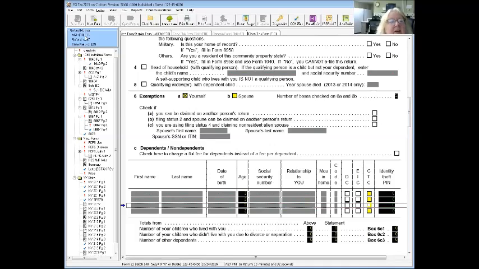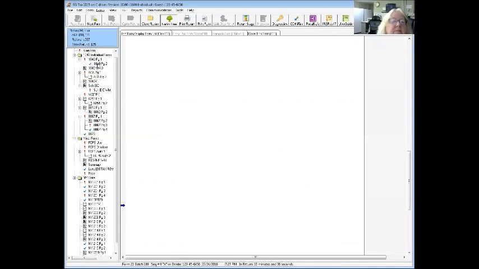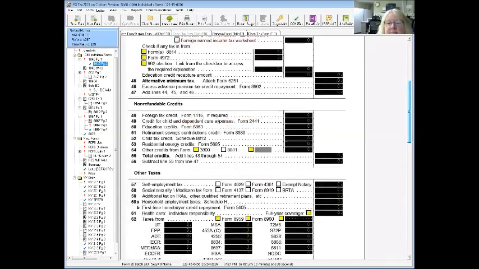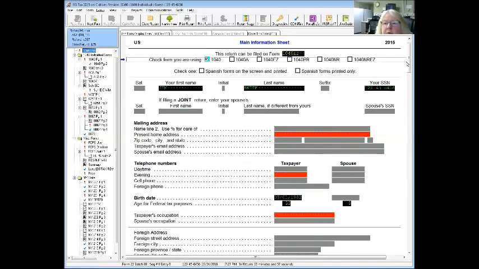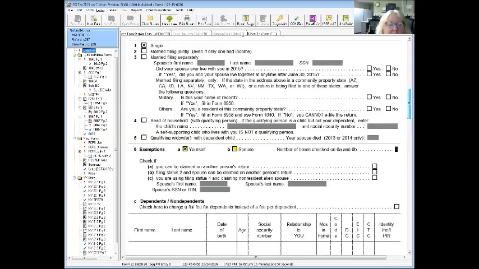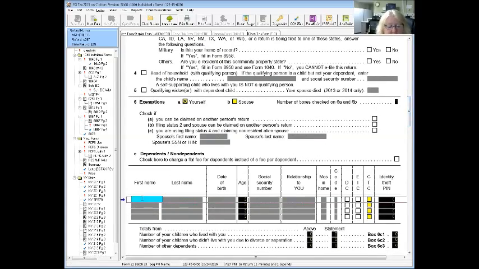Okay, he makes 10,000, he has 0 children. He's going to get $367 for EIC. So this is where, even if you have no children, if you have low income, below their guidelines, you will get the EIC. I'm going to put one kid back on and show you the questions.